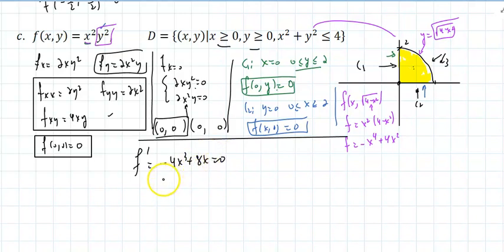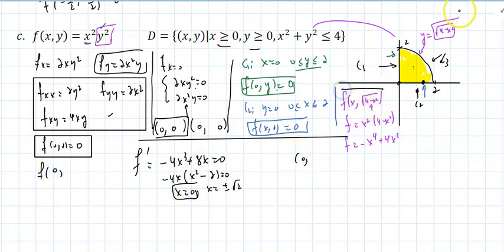That is negative 4x cubed plus 8x equal to 0. Factor a negative 4x out. You will have x squared minus 2. So I have x equals 0, x equals plus or minus radical 2. Radical 2 is accepted. Radical 2 is somewhere in there. So if x equals 0, y would equal what? Y would equal 2.